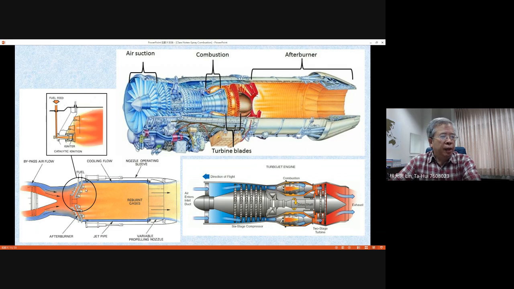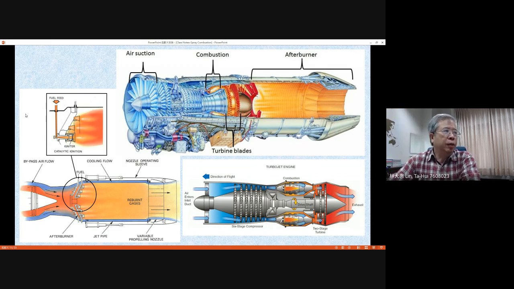Then there is combustion, which releases a certain amount of heat. After that, they have additional energy coming out, and those energy-rich burnt gases will move out of the afterburner. Then they will provide additional thrust to push your aircraft to accelerate.